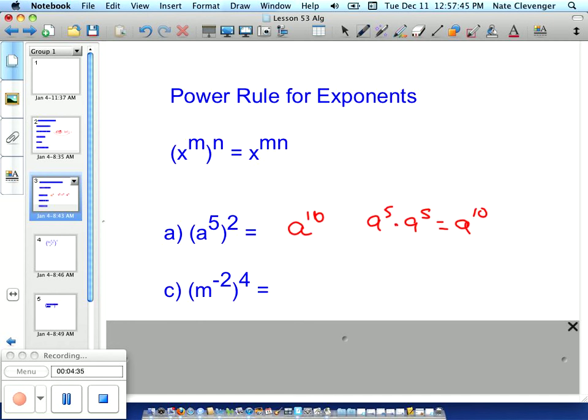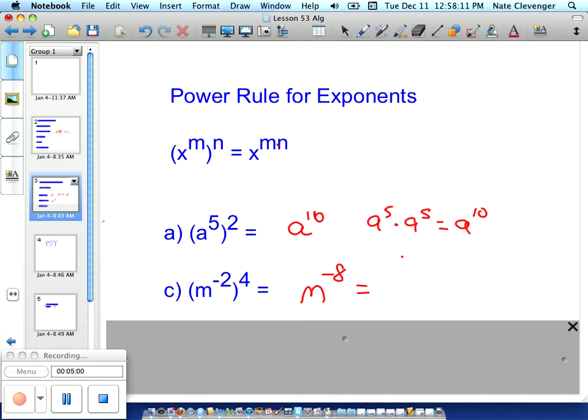M2. M what? 2. Why 2? Because -2 plus 4 is 2. But we're multiplying. -8. There we go. -8. Well, can you put 1 m8, like 1? No, you have to add under m. Yeah. You could put a 1 up front.